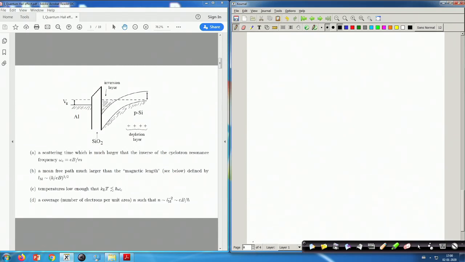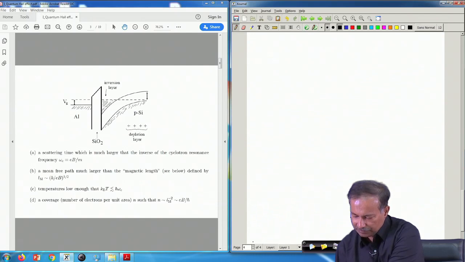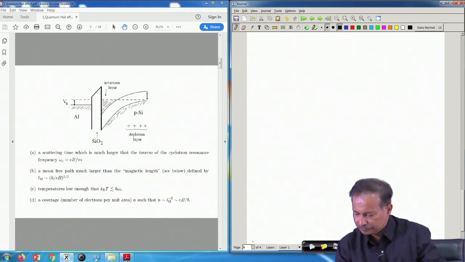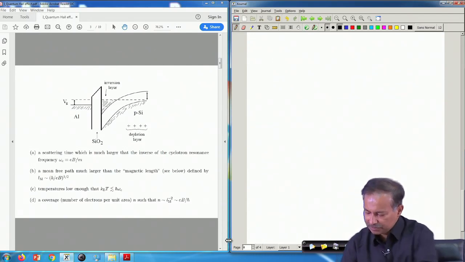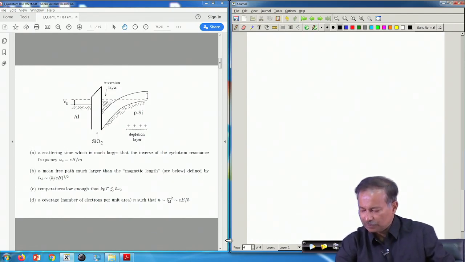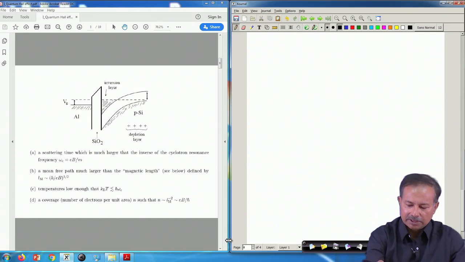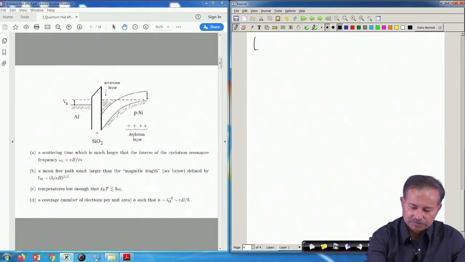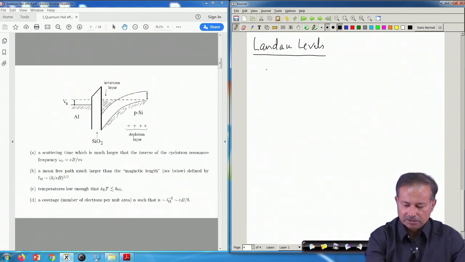Okay. So, once the confinement is achieved, the rest is basically very simple. We have to solve something called a Landau problem. These are called Landau levels, and it is basically a 2D electron gas.